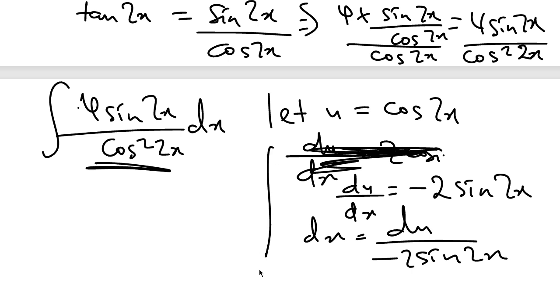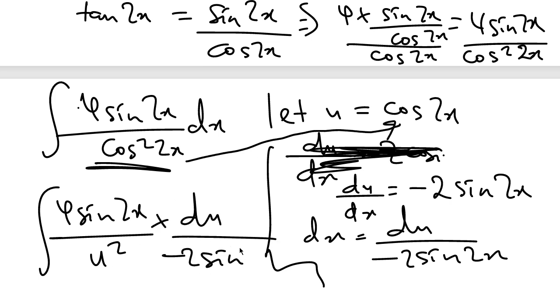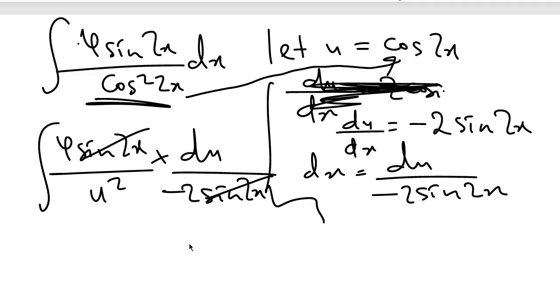So with that, we can write this as the integral of 4 sine 2x over u squared, because we said let u equal cos 2x, multiplied by du over negative 2 sine 2x. So this cancels, and we're left with 4 over negative 2, which is negative 2 over u squared du.